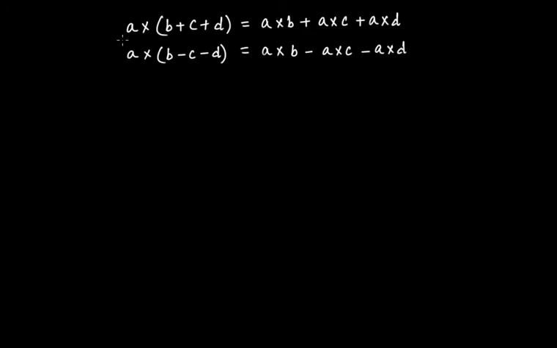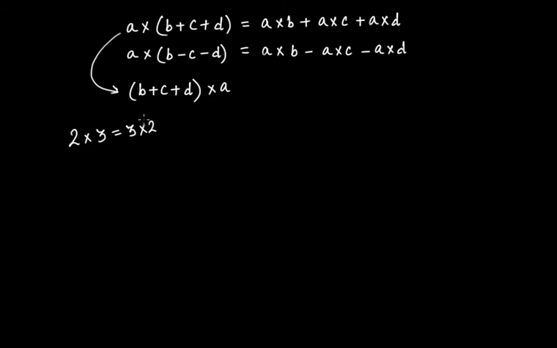Now if it were in this form, b plus c plus d multiplied by a, then what would you do here? First you apply the commutative property of multiplication, which says that 2 multiplied by 3 is equal to 3 multiplied by 2.